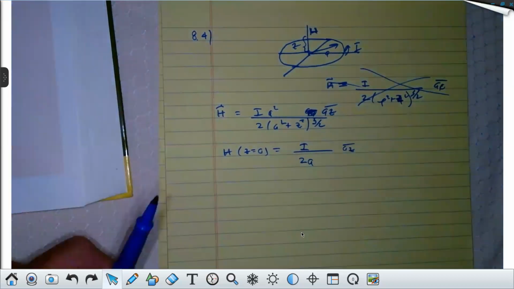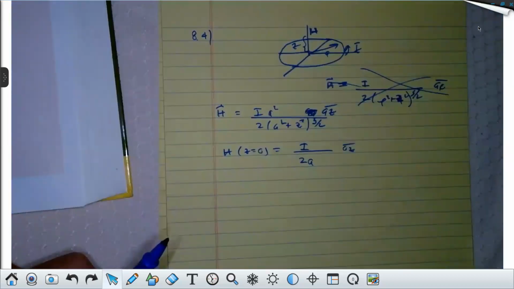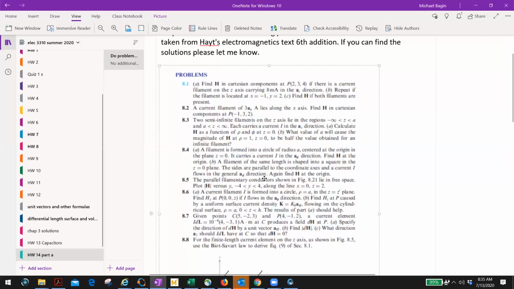Then in the problem, he asks, if a filament is shaped into a square at Z equals 0, and the sides are parallel to the coordinate axes, and current I flows in the phi direction, again, find H at the origin.